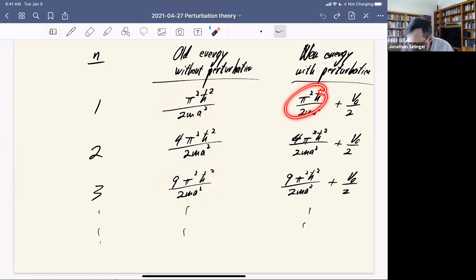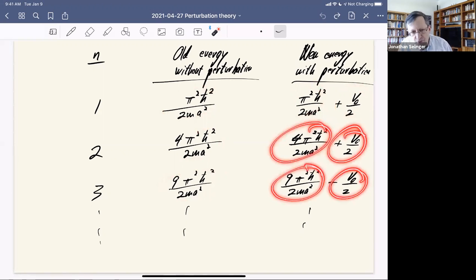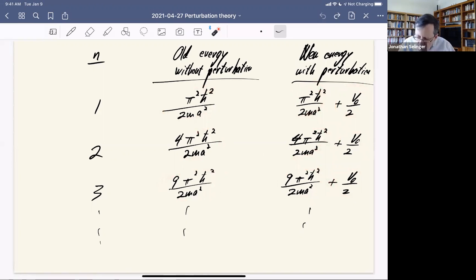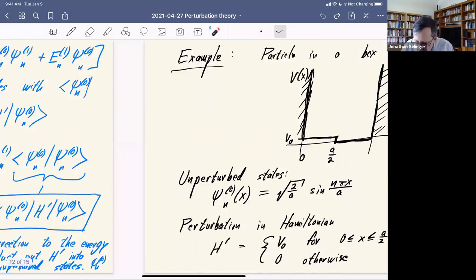That's the old energy plus the first order correction. So 0th order plus first order, 0th order plus first order. So this is now part of the problem that we set out to solve.